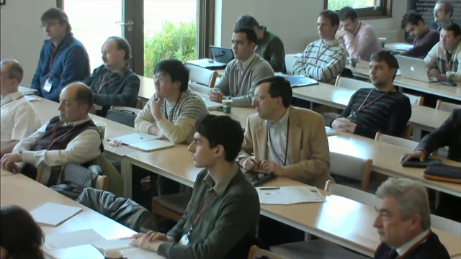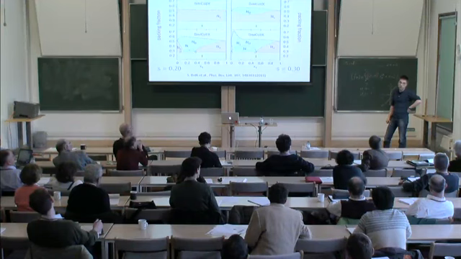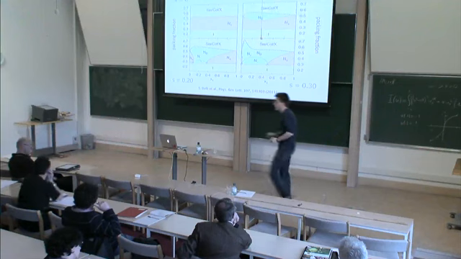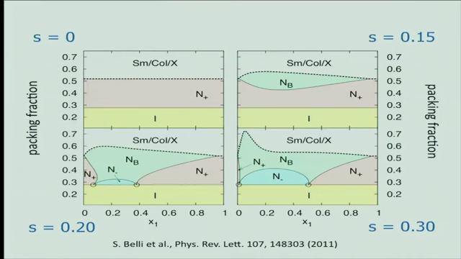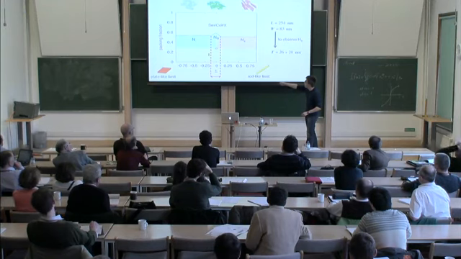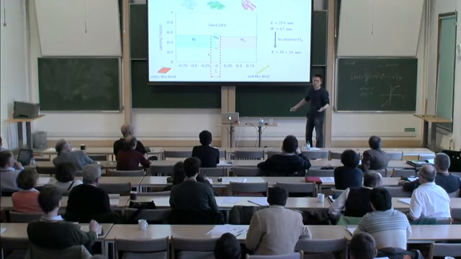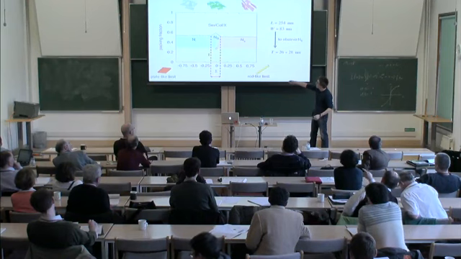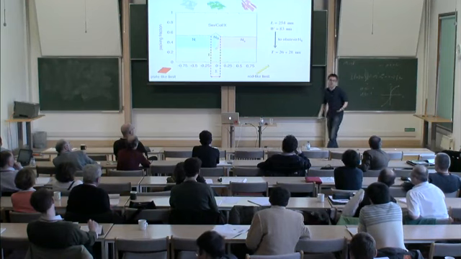The reason for this is probably associated to the fact that board-like particles by themselves, when you have particles characterized by a shape parameter close to 0, according to our theory at least, and I think it's probably the case also for freely rotating board-like particles, the transition to the nematic is almost continuous.